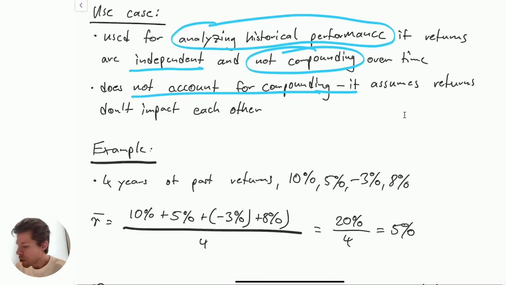If we assume they're not impacting each other, let's say every single year is closed and has no impact on the other year, which over time is many times not correct because they impact each other.